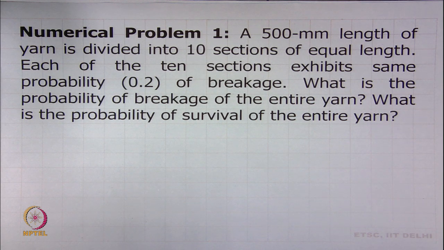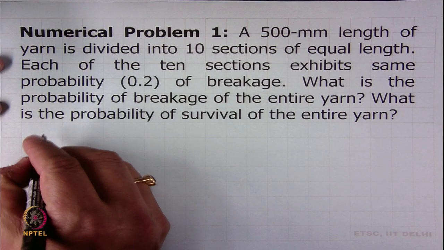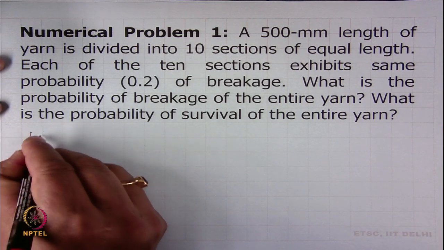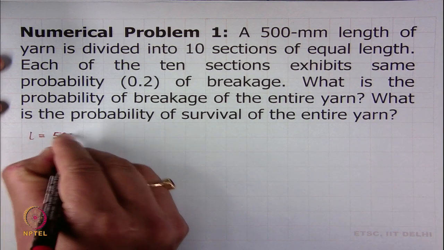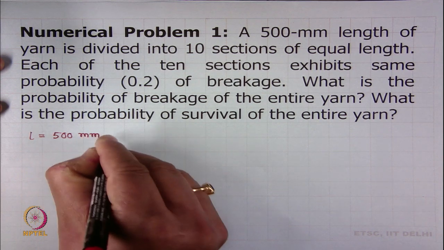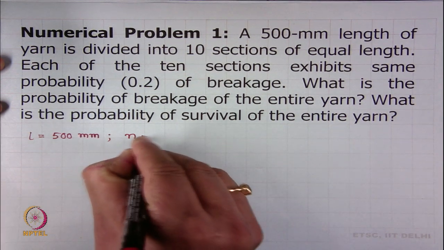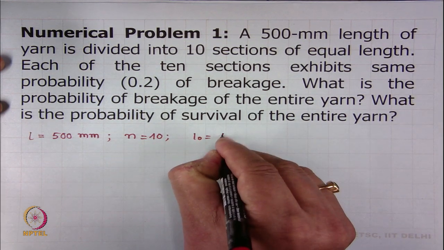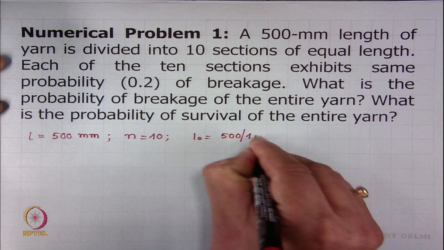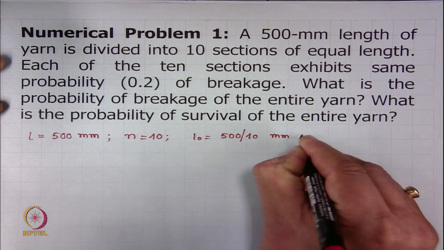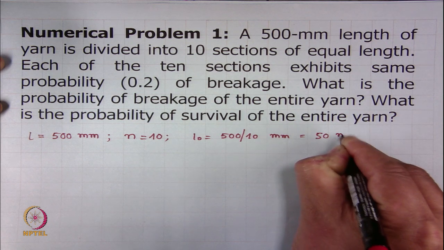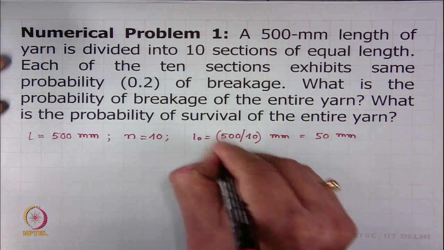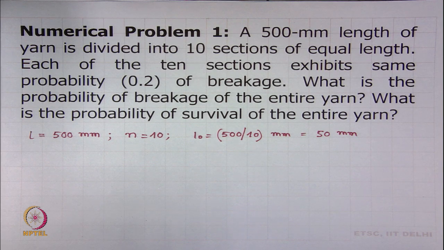So, we have the following information: 500 mm, n is 10. So, of course, L naught is 50 millimeter. Each of the 10 sections exhibit same probability of breakage.